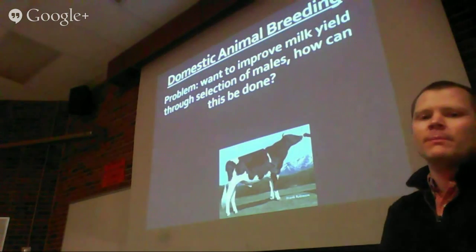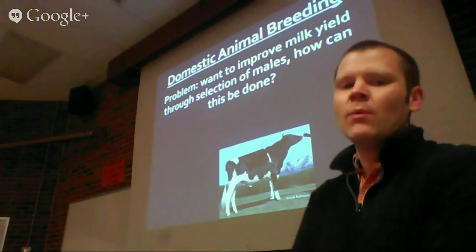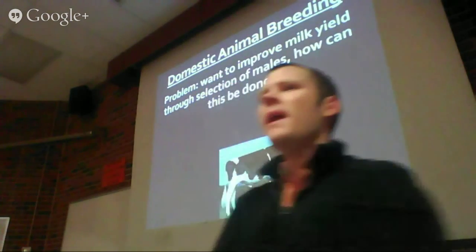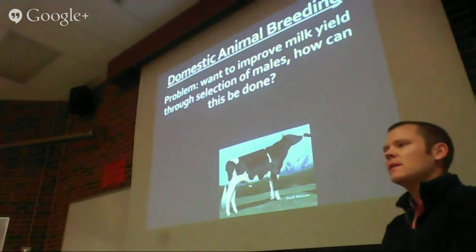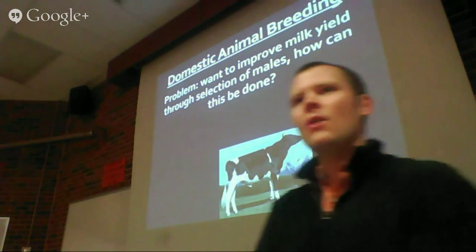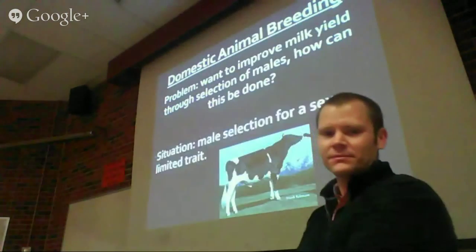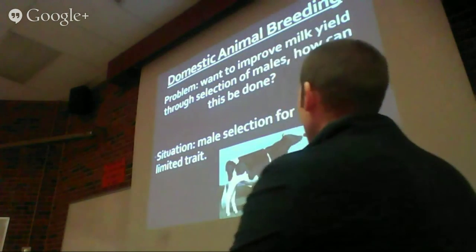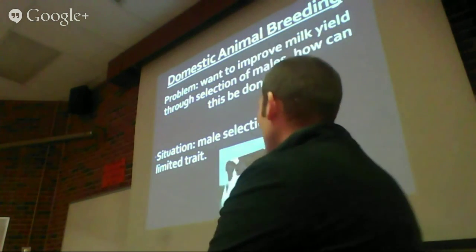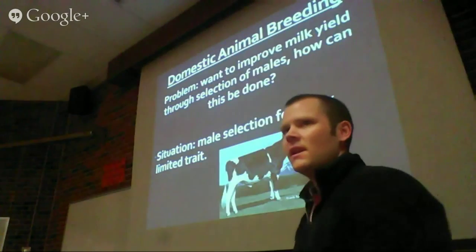So if we want to improve milk yield, and we want to do this by selection of males, how do we get at that value? We're not going to go milk the male, hopefully. So we're looking at male selection for a sex limited trait. This is a huge deal, obviously, in the dairy industry.